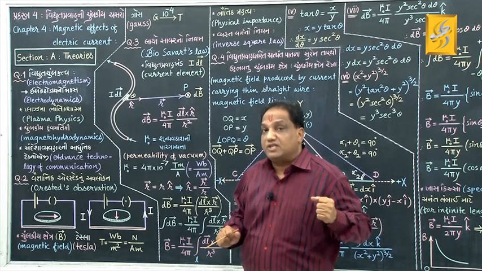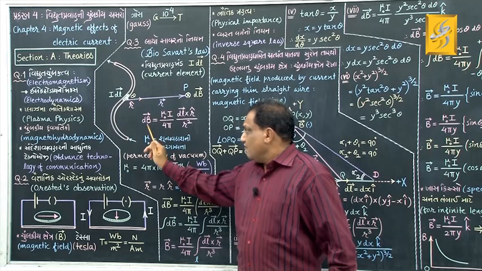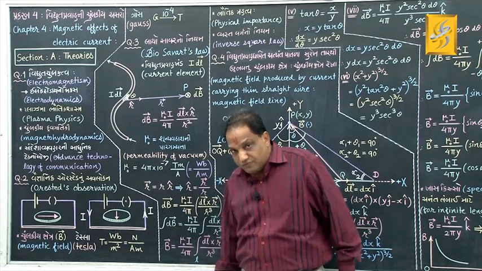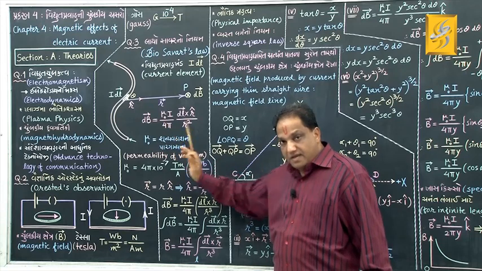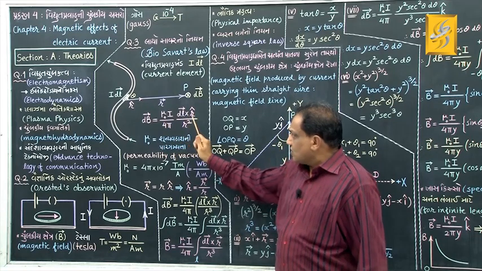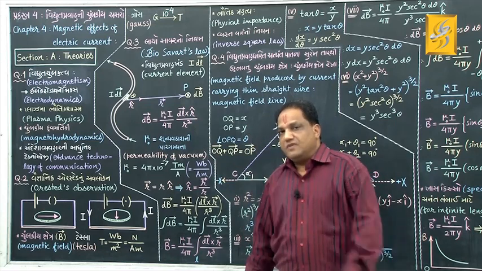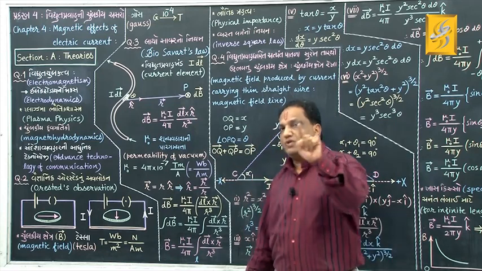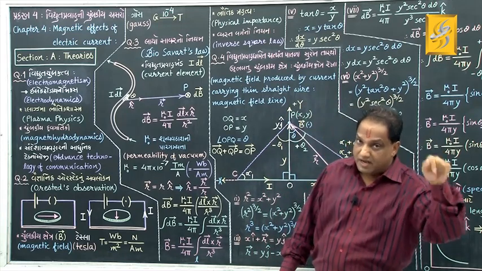Its mathematical expression is this: vector dB is equal to mu 0 I upon 4 pi into vector dl cross r hat upon r square.